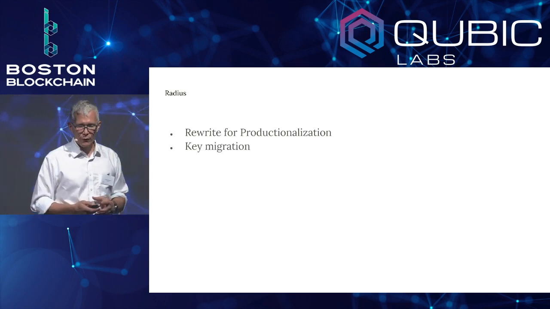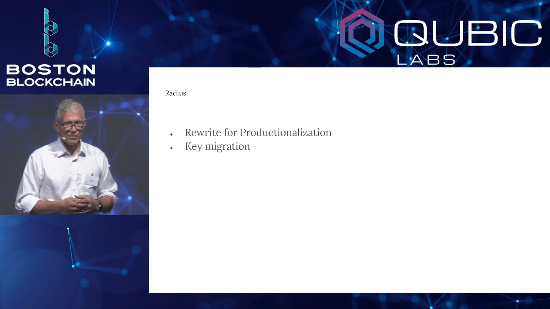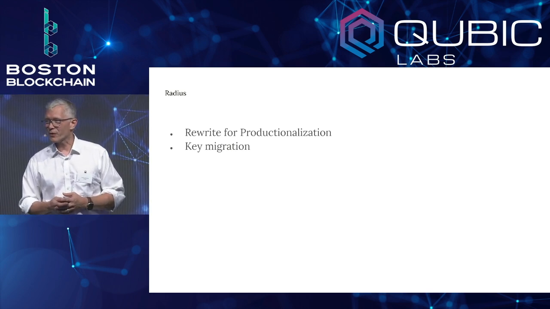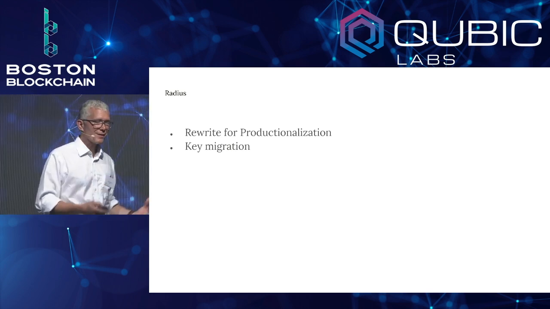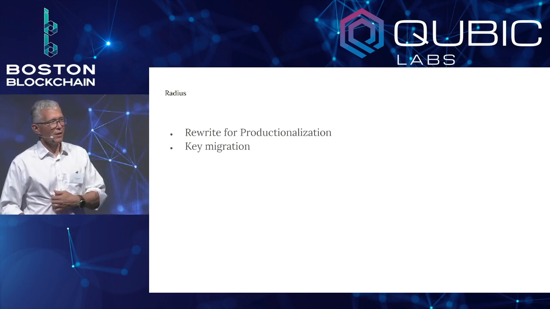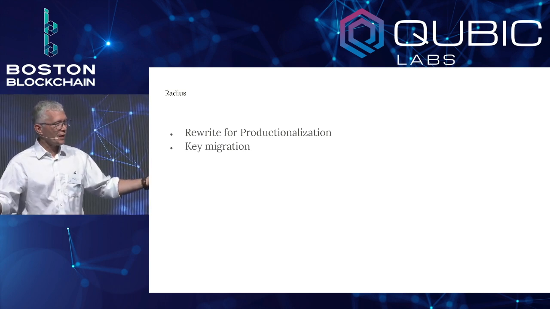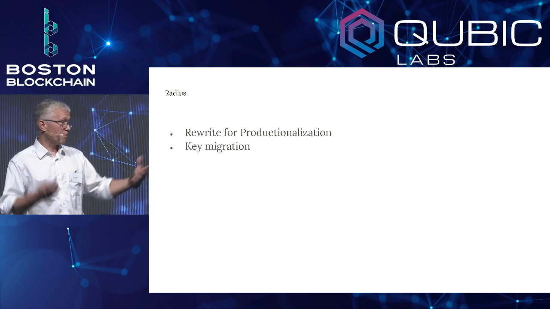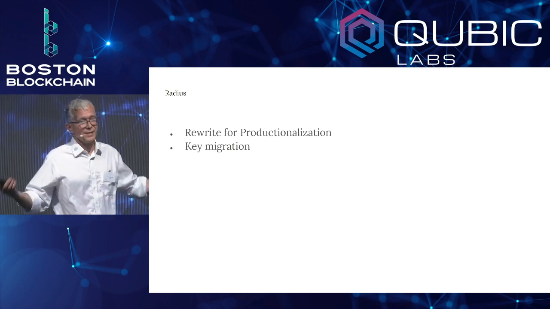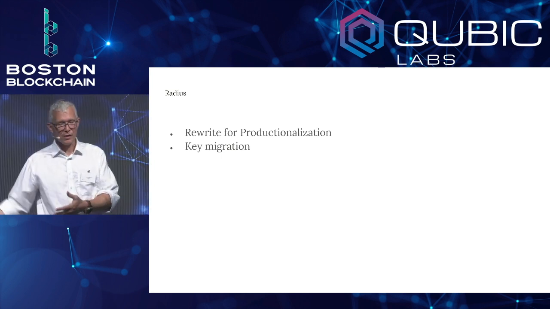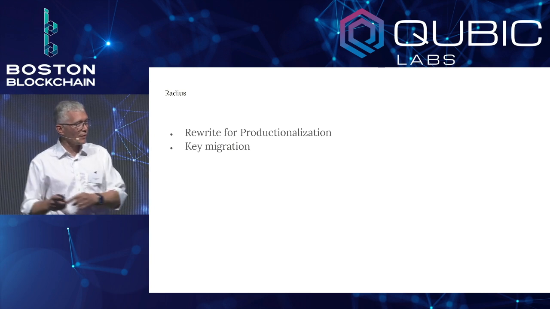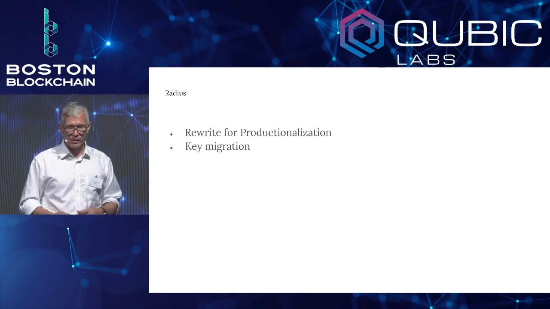So in rewriting for productionalization, some of that has to do with key migration, right? We have to add all these things that enable that. What is key migration? Well, if you have 10 shards and then you get a lot of load and somebody starts to put a lot of data in your system, you need to add shards. So you need to be able to move shards around, and you need to be able to delete them and stuff like that.